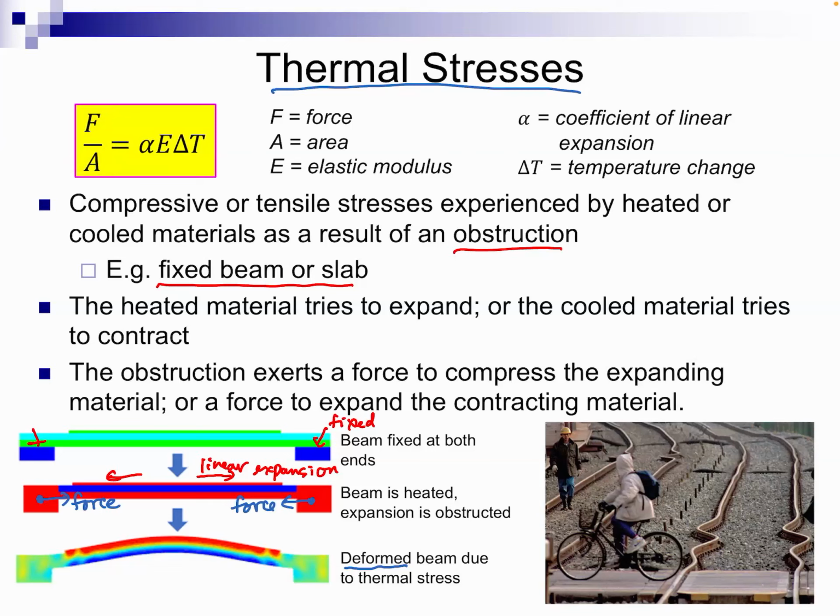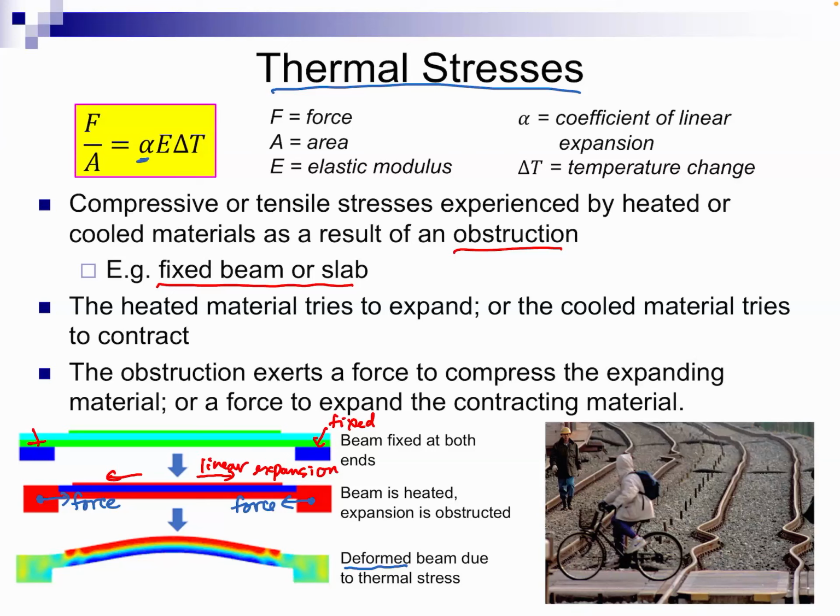Thermal stress is therefore the force exerted by the object obstructing the expansion, per unit area of the expanding beam. So it's proportional to the change in temperature, because you only have thermal stress as a result of the increase in temperature and the expansion of the object.